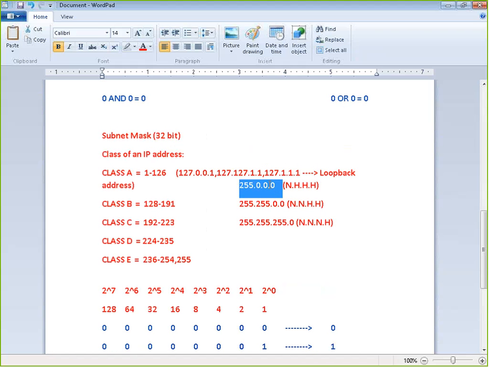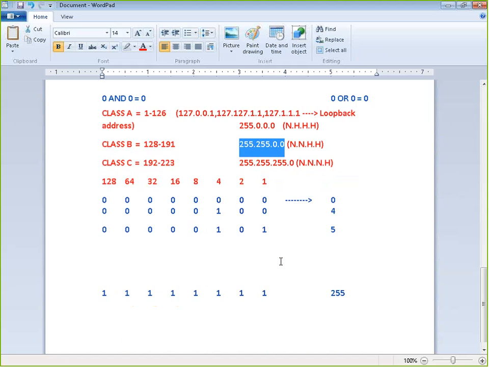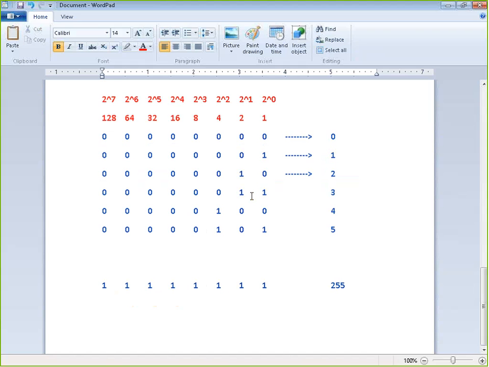This way of representing a subnet mask is called decimal notation.